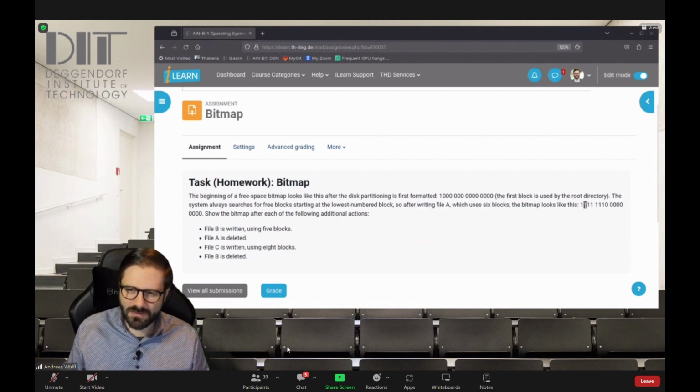Then the bitmap looks like this, because the first one is occupied, and then according to first fit, we allocate 6 blocks after. So the first 3 are here, the second 3 are here. So in total 6 blocks for file A. Your task now is to perform further actions on the bitmap. So write file B using 5 blocks, delete file A with the 6 blocks, write file C using 8 blocks, delete file B, and so on and so forth.